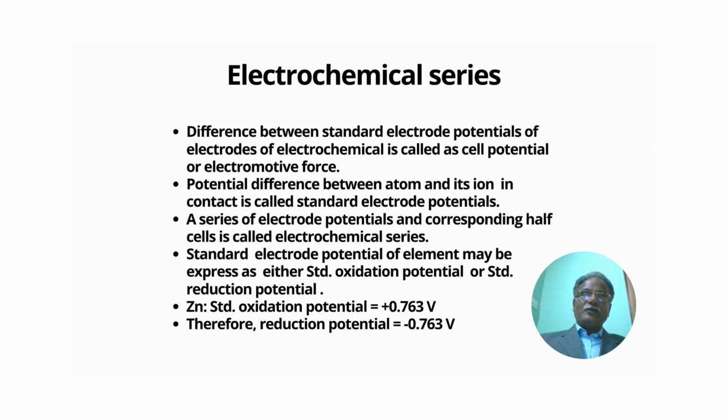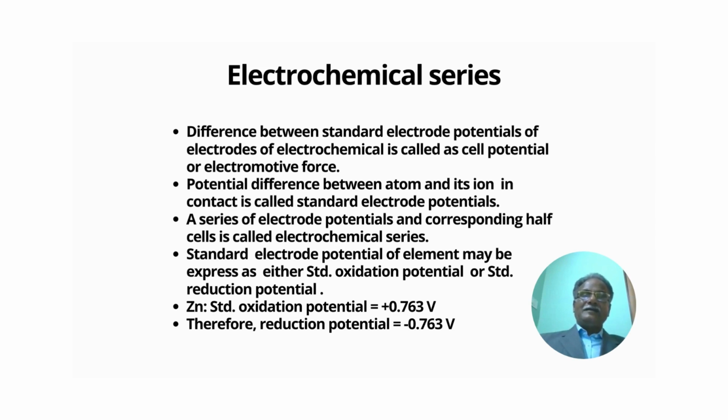Standard electrode potential of an element may be expressed as either standard oxidation potential or standard reduction potential. Each and every element has these potentials. Let us see an important example. Standard oxidation potential of zinc is 0.763 volts.